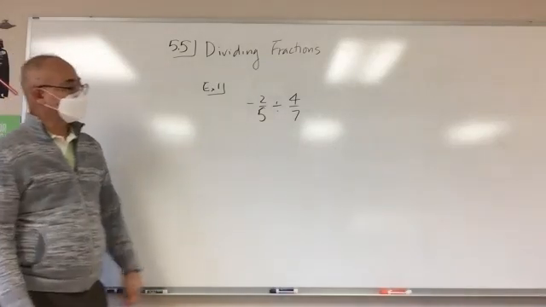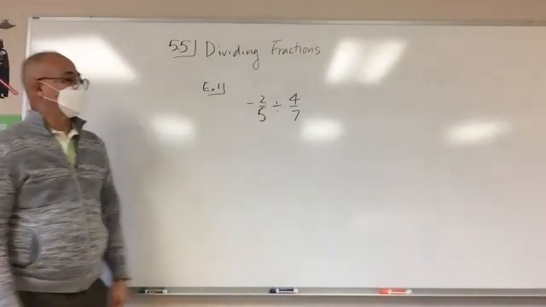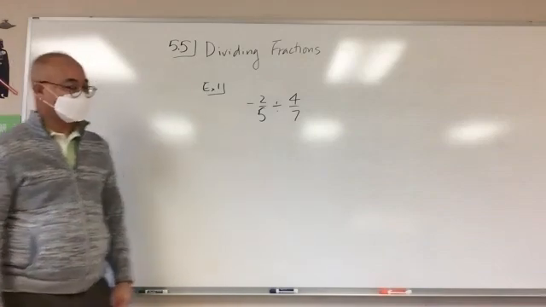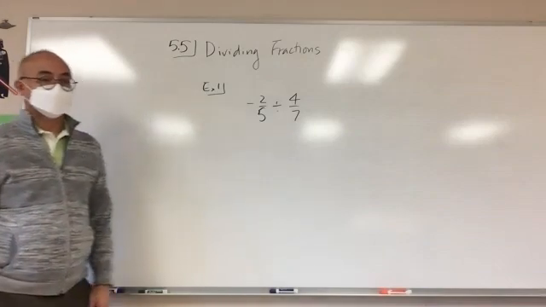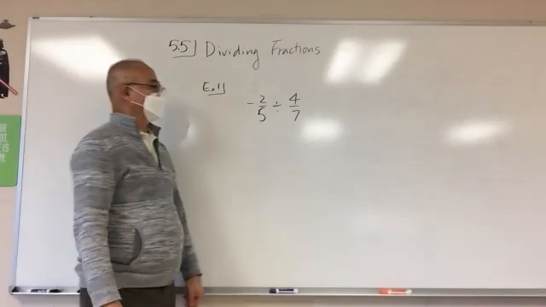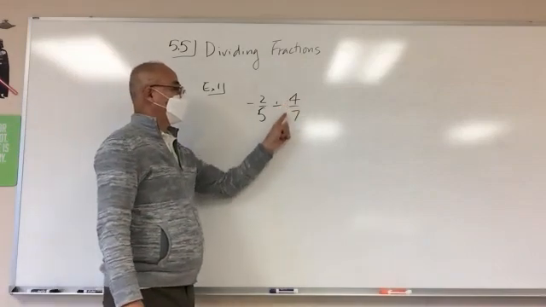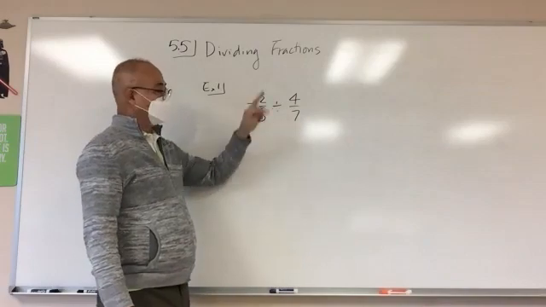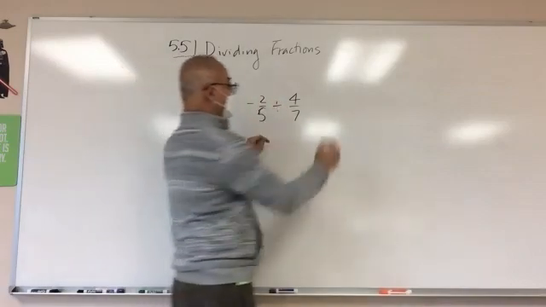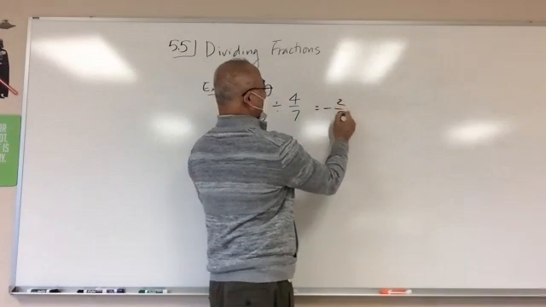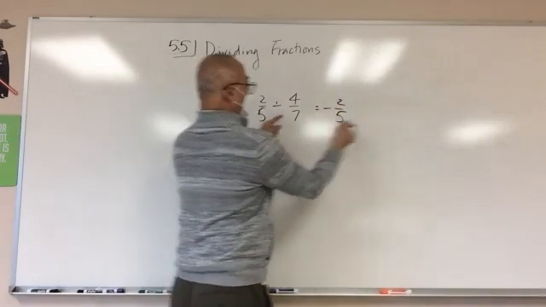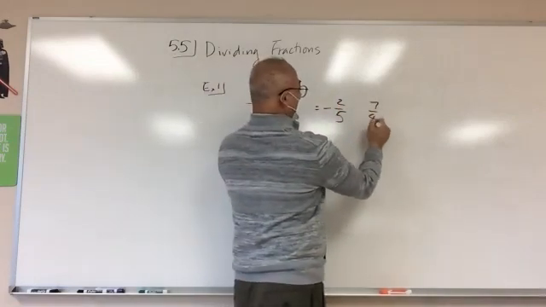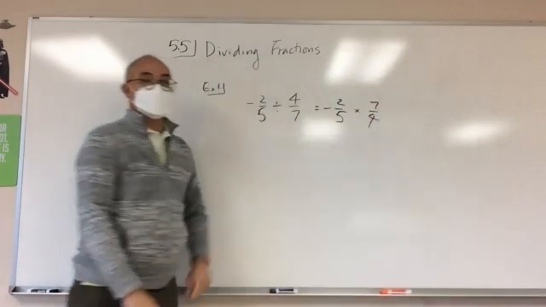So Cooper, walk this through for me. How do you do this? I'm going to take this guy and flip that, right? I'm going to flip that and just multiply, right? So it's going to be -2/5. This guy stays the same. Now I'm going to flip that guy and just multiply across.